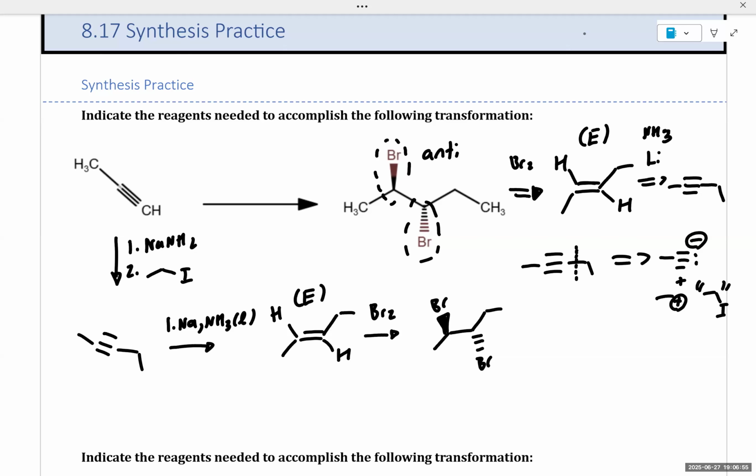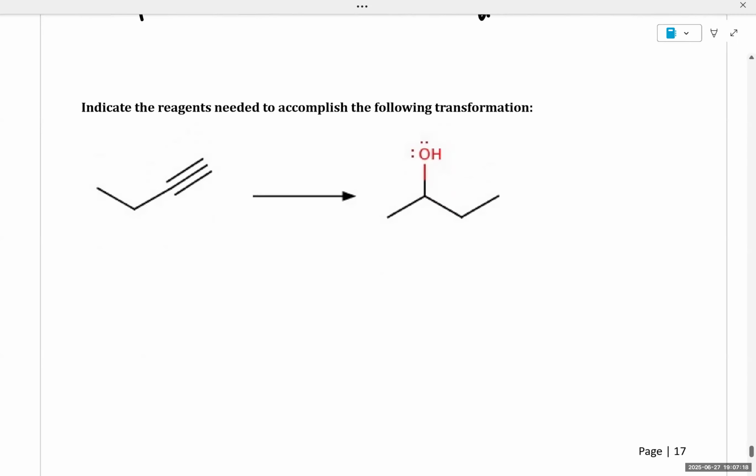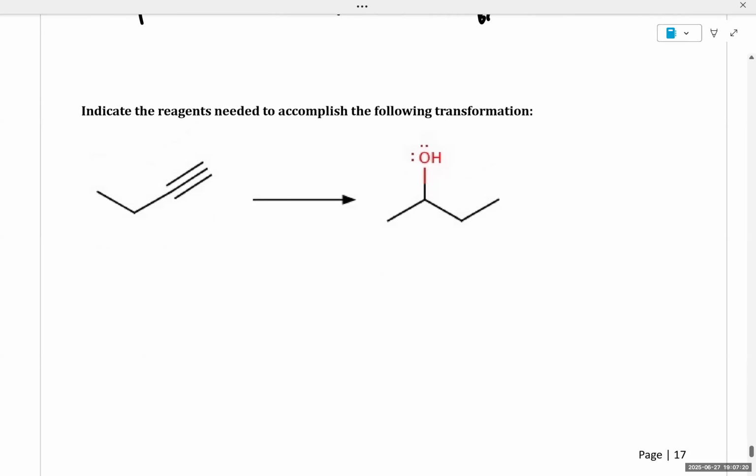Perfect. So as you can see, by working backwards retrosynthetically, it allows you to organize your thoughts and approach the preparation of a molecule over multiple steps in a systematic and controlled manner. Let's have you approach this next problem, and I'd like you to tell me the reagents needed to accomplish the following transformation.